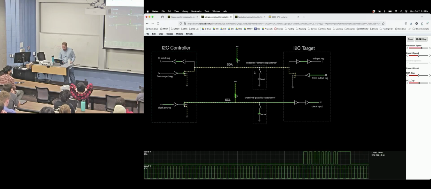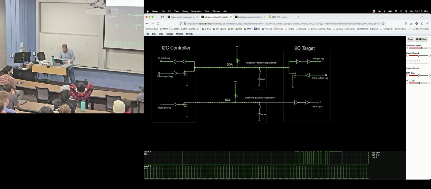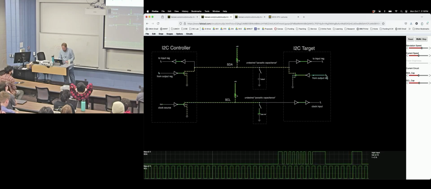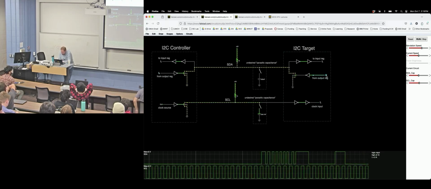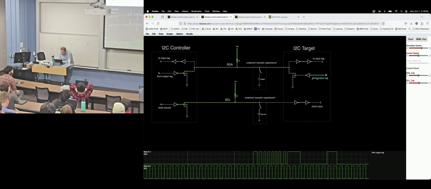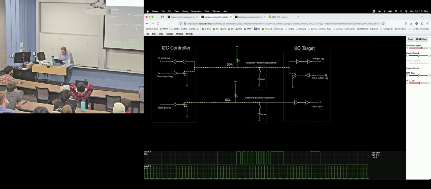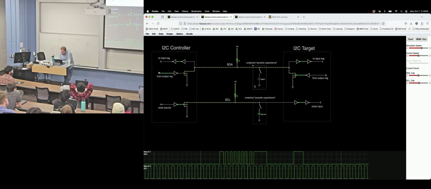Ooh, come back. Okay. High, that goes high. Likewise, I can go high here. Wait a second, why is that not happening? Oh, my fault. Reset.